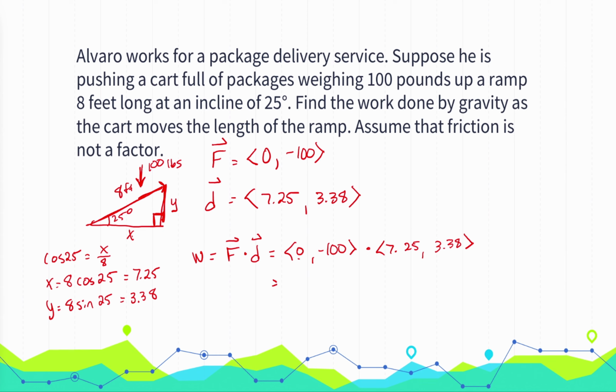We multiply the x's together, 0 times 7.25, and we multiply the y's together, negative 100 times 3.38, and that is 0 minus 338 equals negative 338. And our unit here is apparently in foot-pounds, which is just one more reason why SI units are superior, because foot-pounds is an atrocious unit.